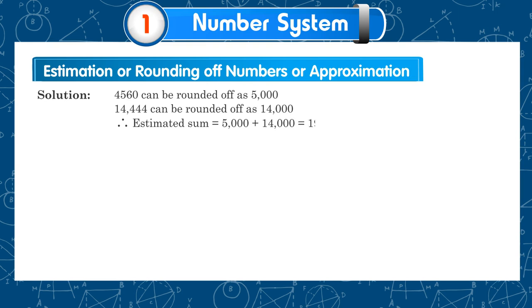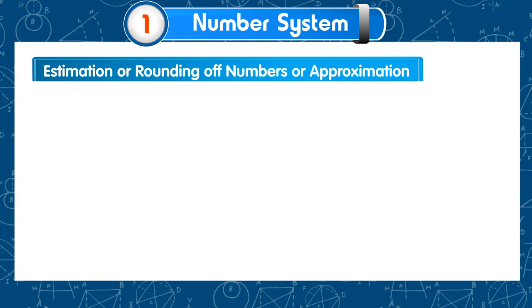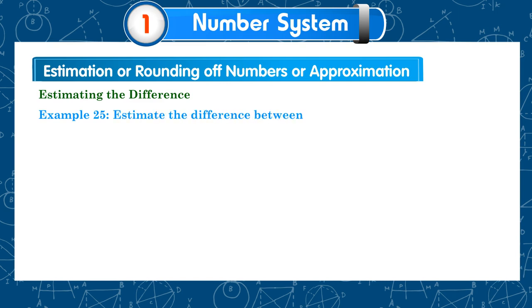Remember, the general rule for estimation is round off each number to its greatest place and then add, subtract or multiply. Estimating the difference. Example 25. Estimate the difference between 6,780 and 925.